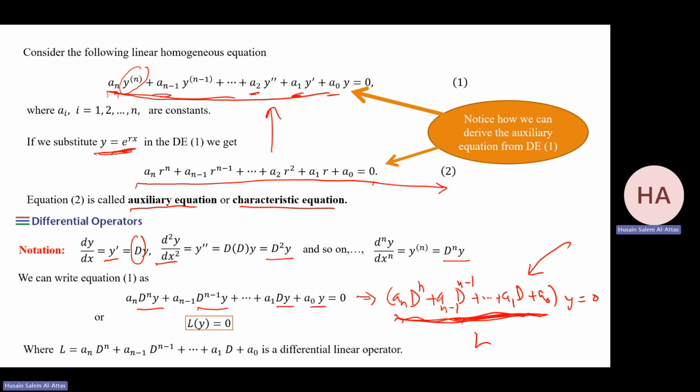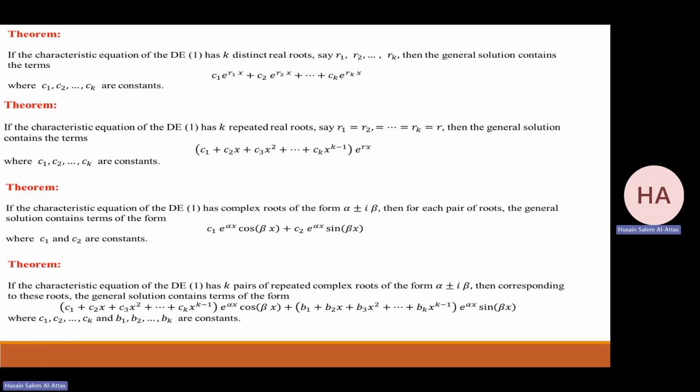I talk about the roots: either they are real distinct, or they are non-real, or they are repeated. For the repeated, you can deal with the repeated real and the repeated non-real. They are the same, but our book is doing it this way. So actually I have three cases, but now we make it four cases.